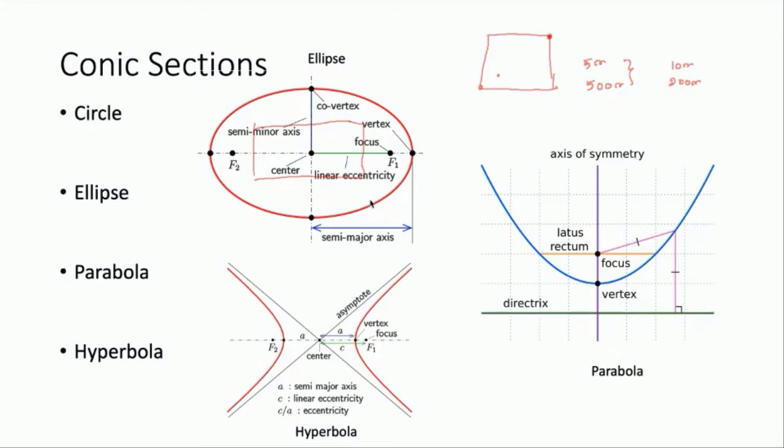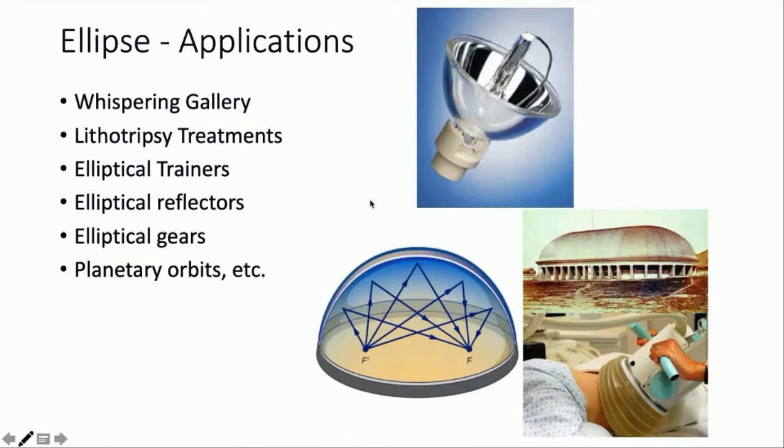It is not to be loud. It can be a very minute vibration also. That vibration will be exactly transferred to the second point, and not to the other points. So this is a whispering gallery, and these are made using elliptical shapes. One is the whispering gallery.